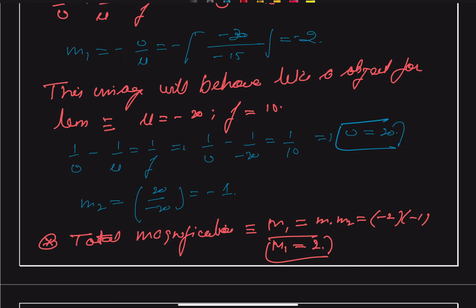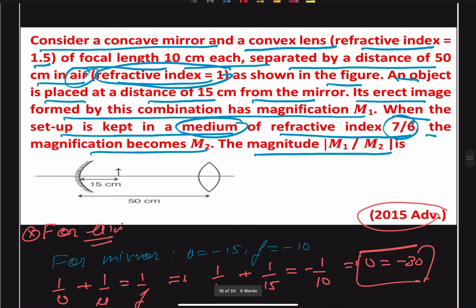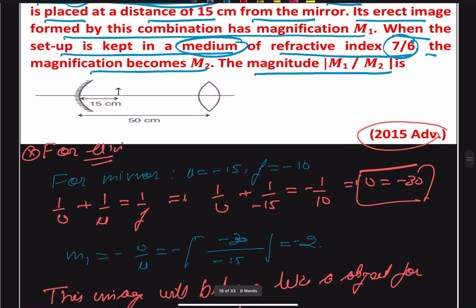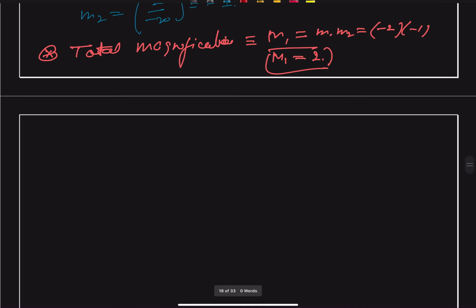we have a second medium that is given as second medium is refractive index 7/6. So you can say for medium whose mu is given as 7/6.